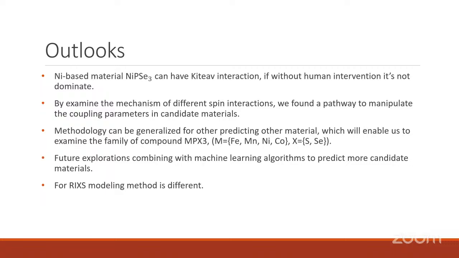Then sometimes if we neglect some spin interactions in the Hamiltonian, we might be able to get evidence from the experimental data, and then we could think about whether there should be more mechanisms that we need to consider in modeling the spin behaviors of the system.